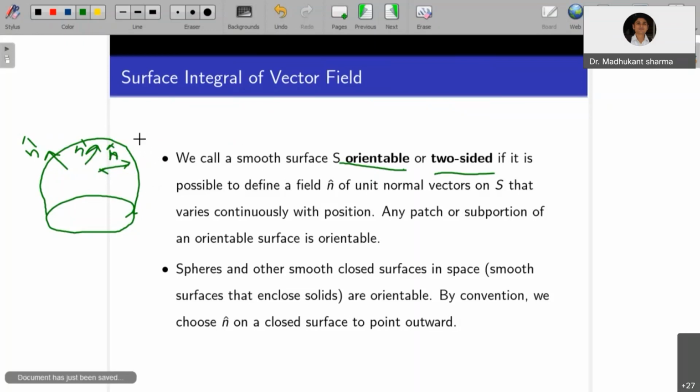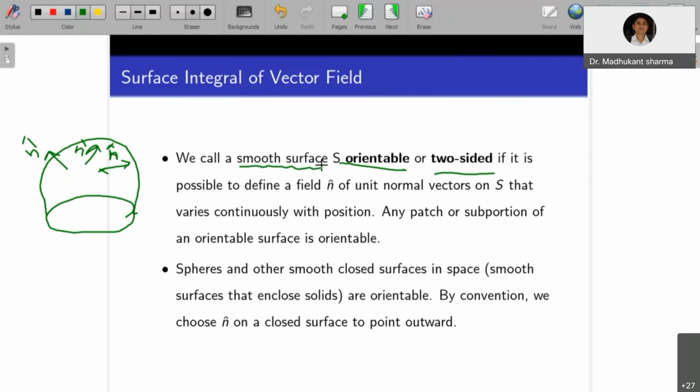We also call a surface smooth, so it has to be defined what we mean by a smooth surface. That definition we will give in a few minutes, in terms of parametrization of curves.